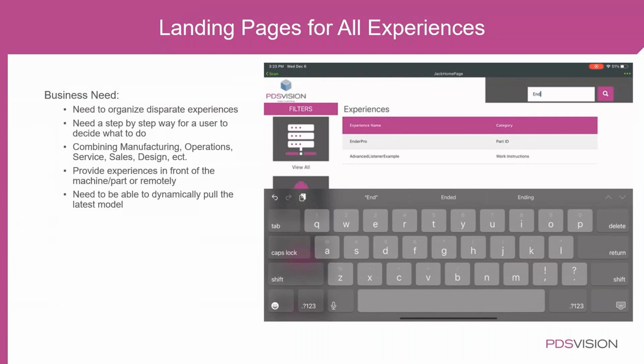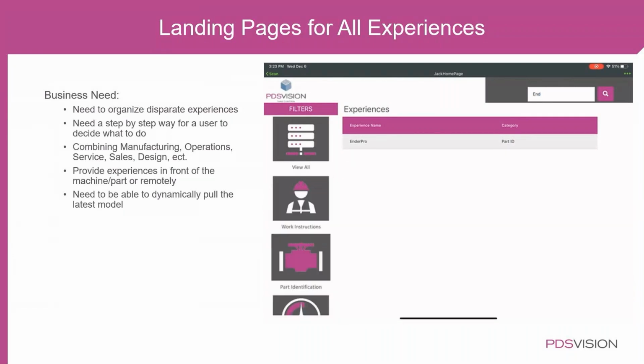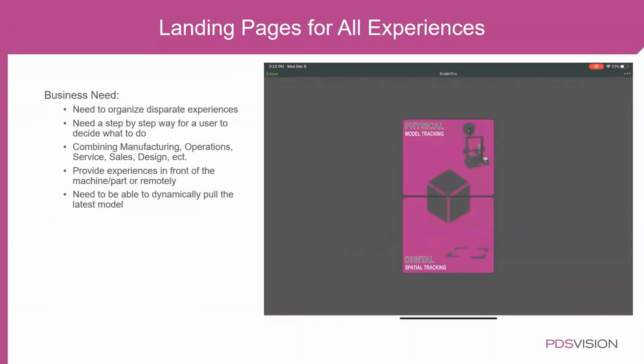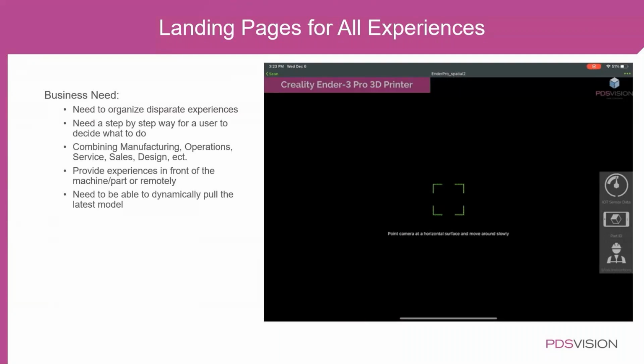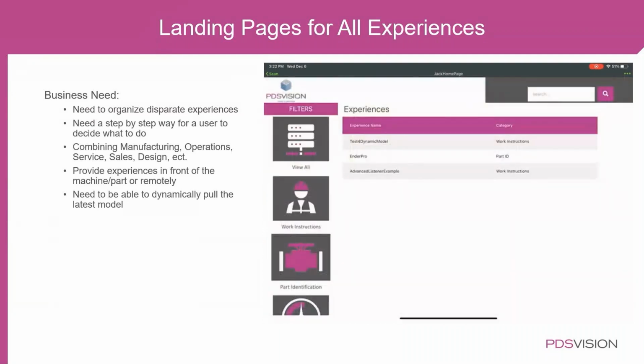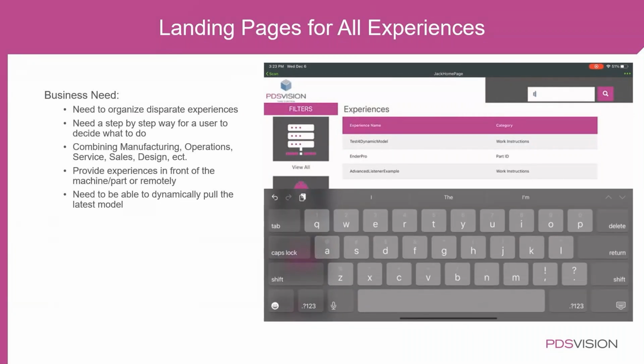Maybe on your quality use case, it links to an expert capture procedure, and on your assembly use case, it links to a Vuforia Studio procedure. Those can all be combined into one really efficient landing page that makes it a very cohesive end user experience.